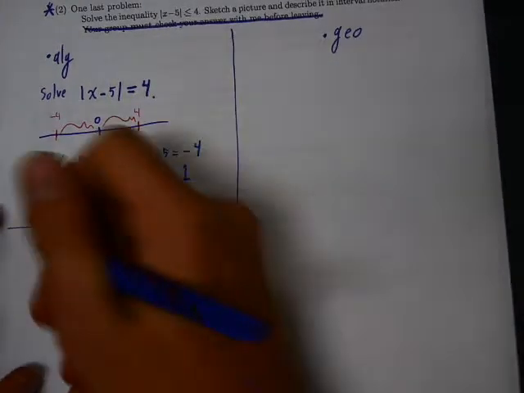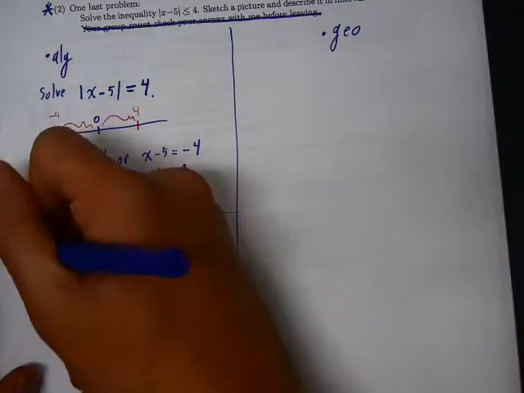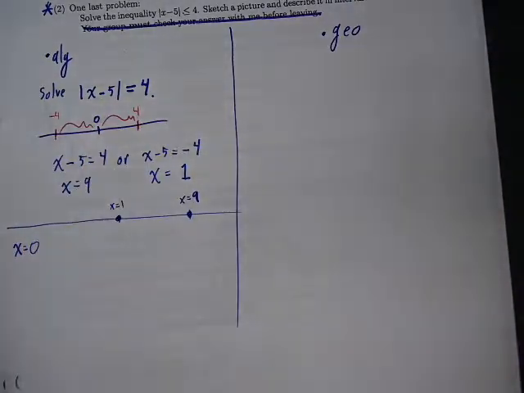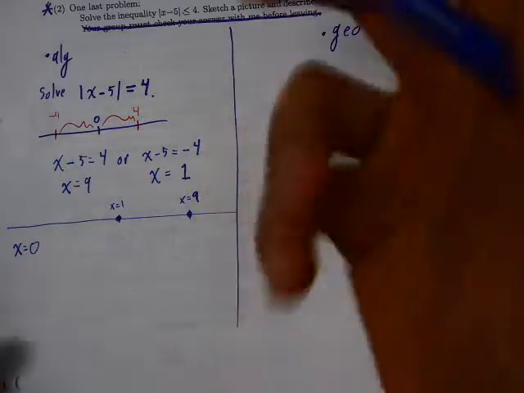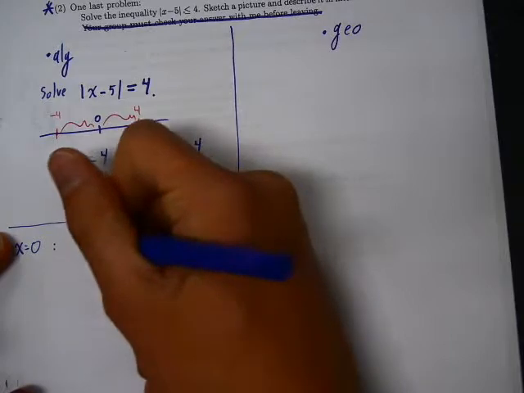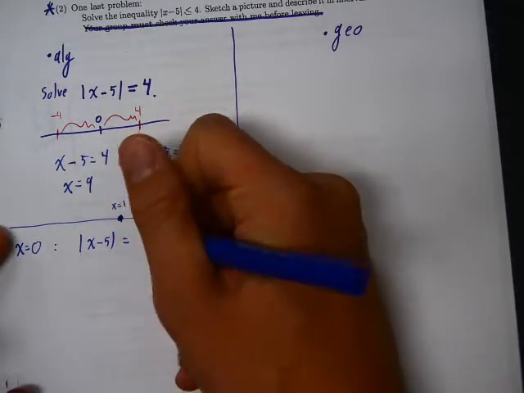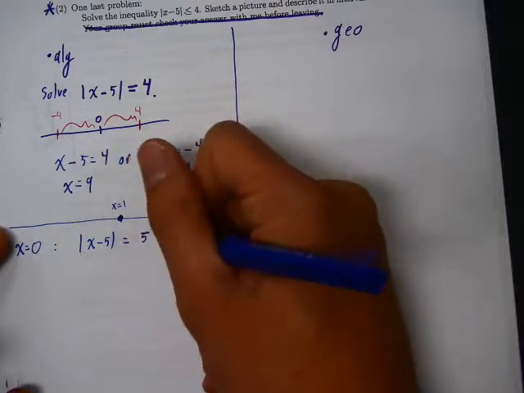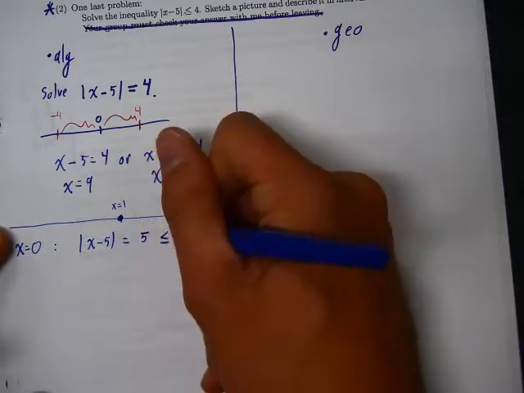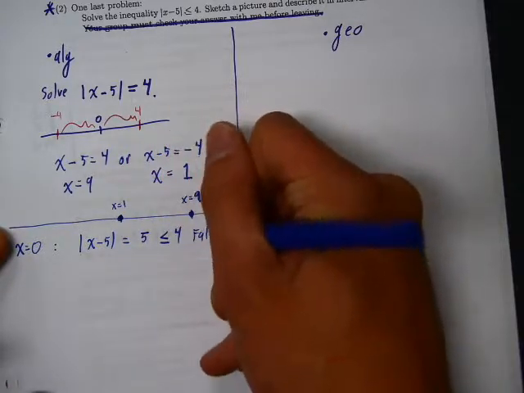And now let's check something beyond. I'll plug in x equals 0. I'll leave it to you guys on your own, because I'm going to be slow, to pick a number between and pick a number to the right. When you plug in x equals 0, what do you get? You get the absolute value of x minus 5, well, that's the absolute value of negative 5, which is just 5, and 5 is less than or equal to 4 is false.